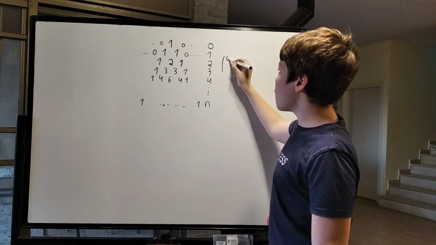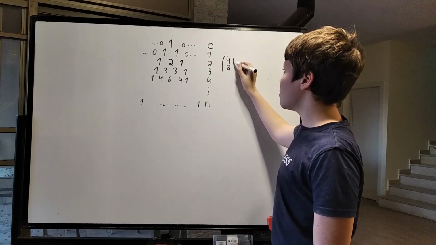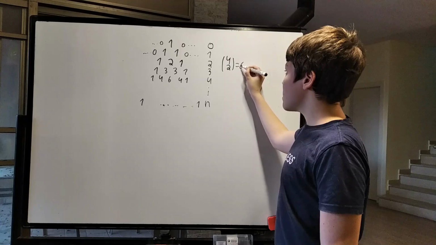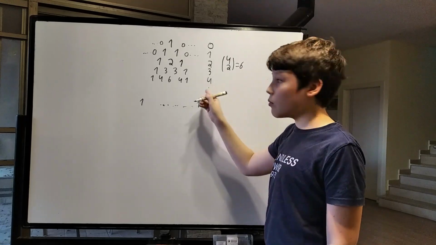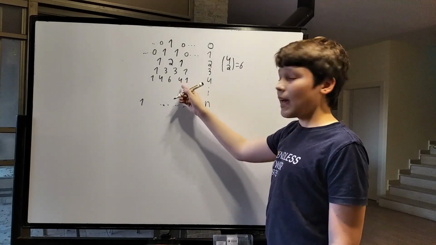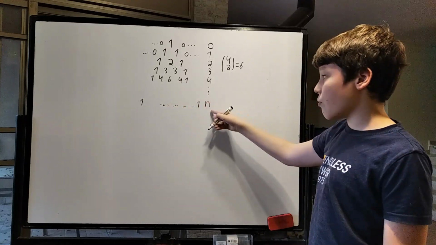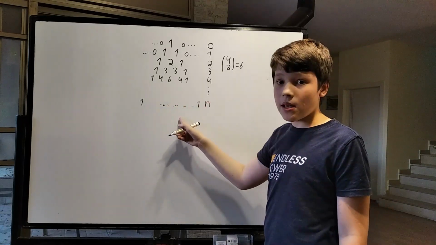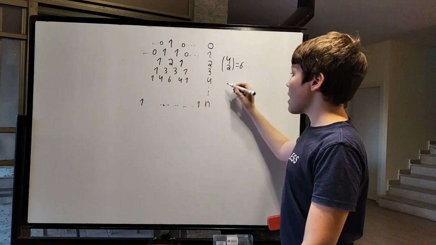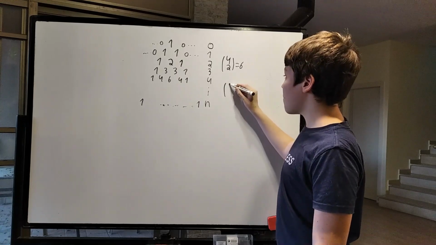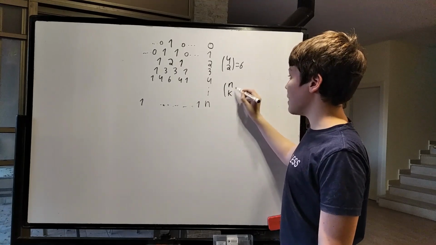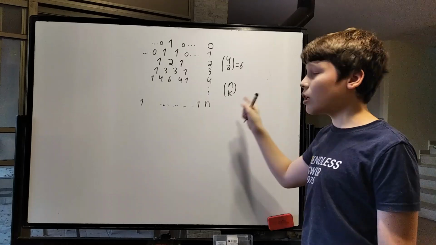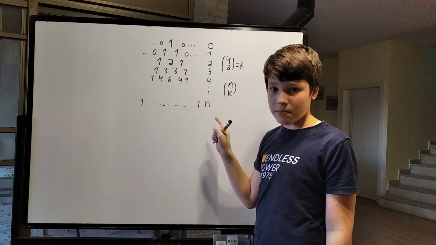So, 4 choose 2 is equal to 6. Since we're in the 4th row and move 2 steps, if we were in the nth row and moved k steps, the number we land on is defined by n choose k, and looks like this.